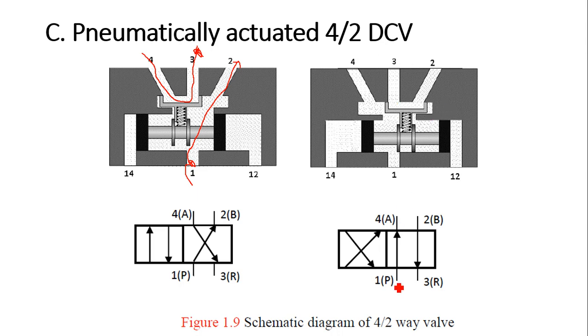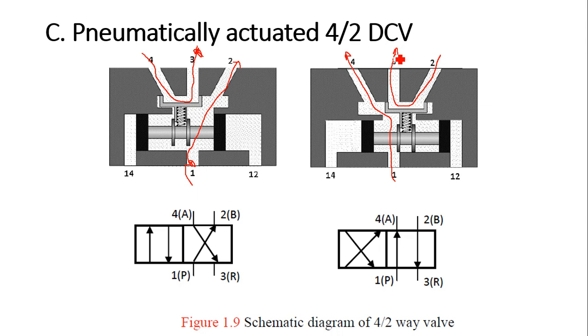So let's verify this. 1 is connected to 4. From here it is connected to 4. Yes. 2 is connected to 3. It is saying that 2 is connected to 3. Let's verify. Where is 2? Yes, 2 is connected to 3.